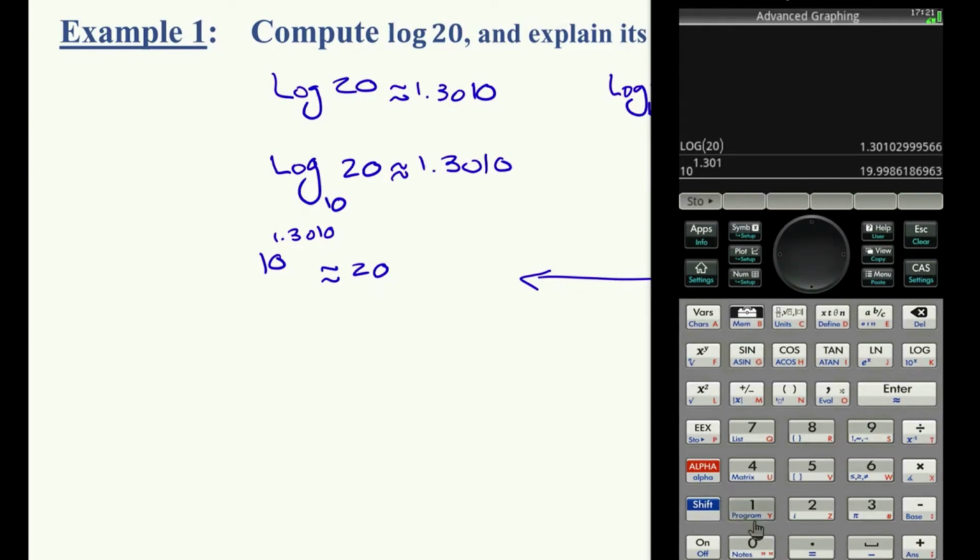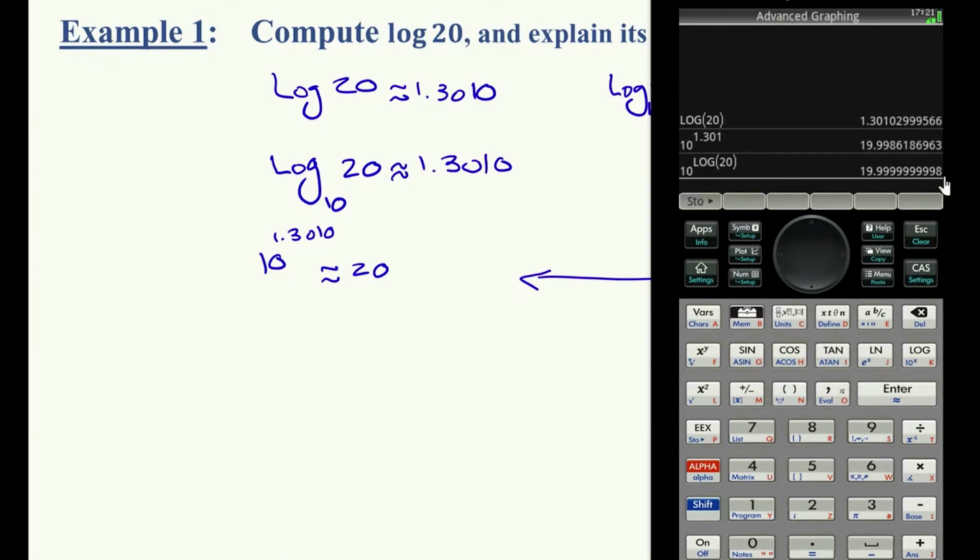And of course, if we go to the extreme of just raising 10 to the power of log of 20 itself, then we would get exactly 20. Well, notice it's gotten closer.